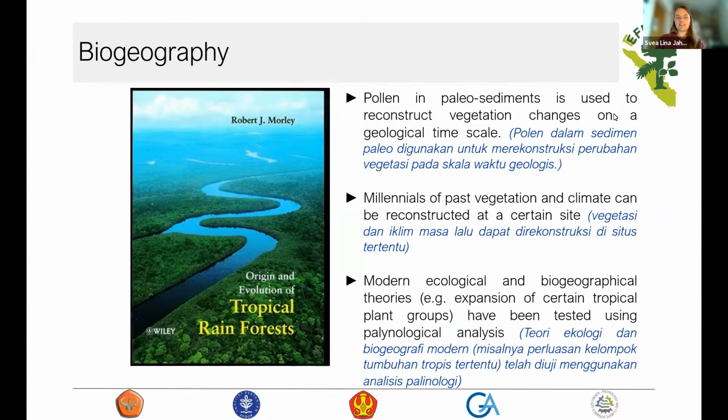And this can help to discuss modern ecological and biogeographical theories. For example, how certain tropical plant groups have expanded in the past and arrived at certain areas, and also island formation, and how islands were disconnected in a botanical way. And these theories have already been tested and are still tested using palynological analysis.